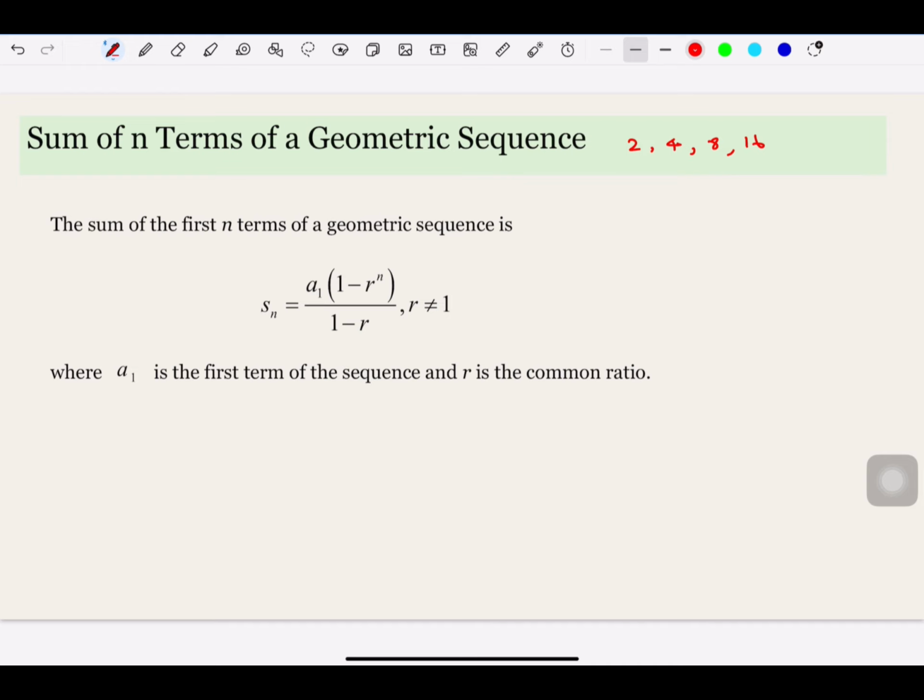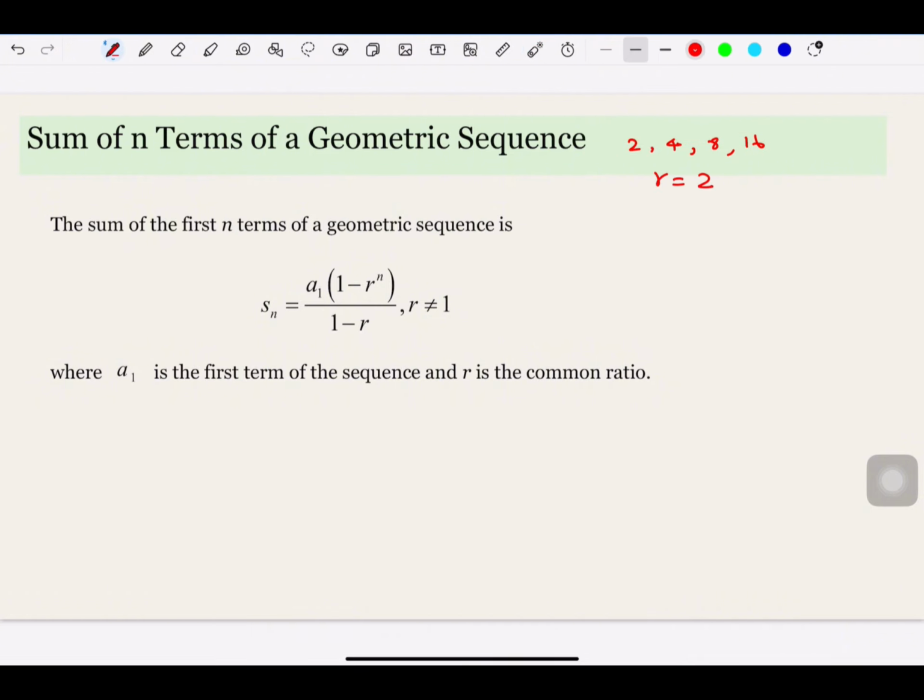So here each term is multiplied by the common ratio, which is 2, to get the next one. So 2 multiplied by 2 is 4, 4 multiplied by 2 is 8, 8 multiplied by 2 is 16. So this is a geometric sequence with common ratio r equals 2.